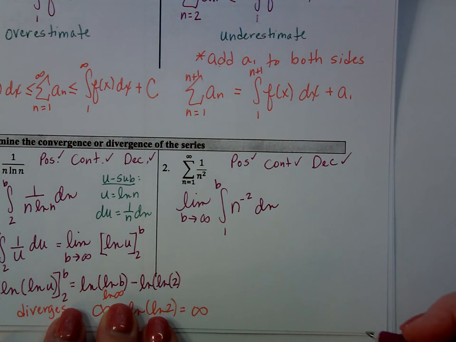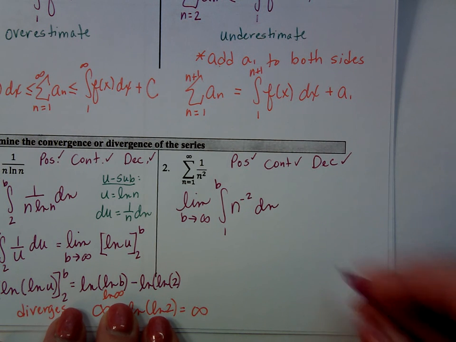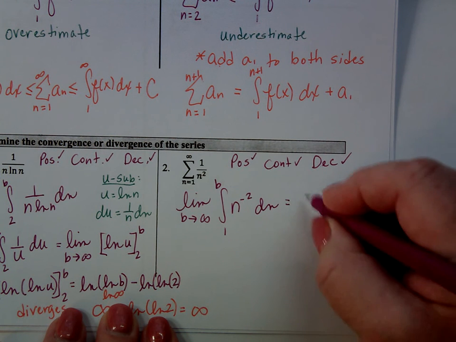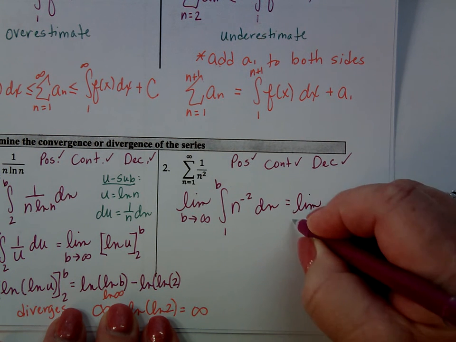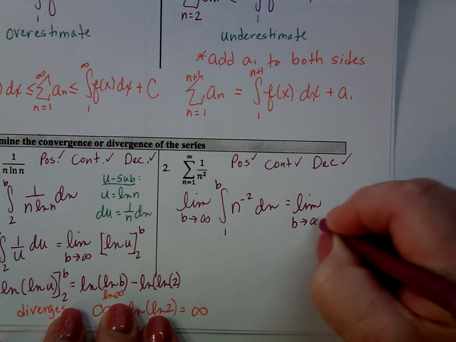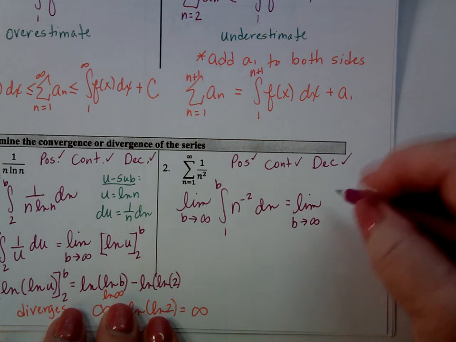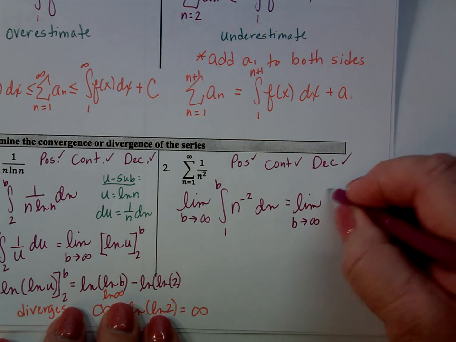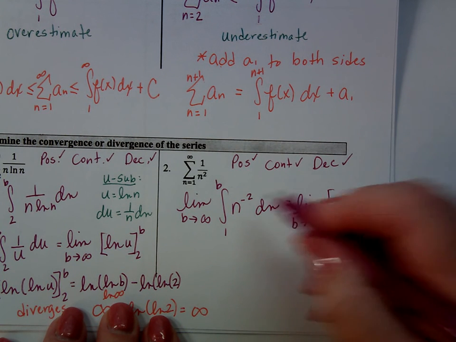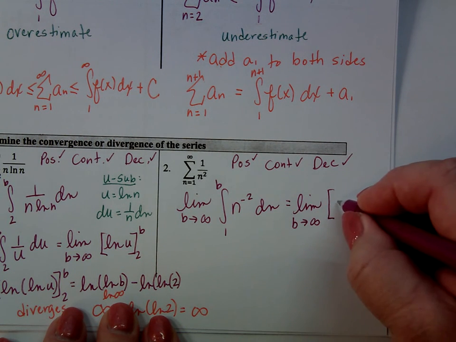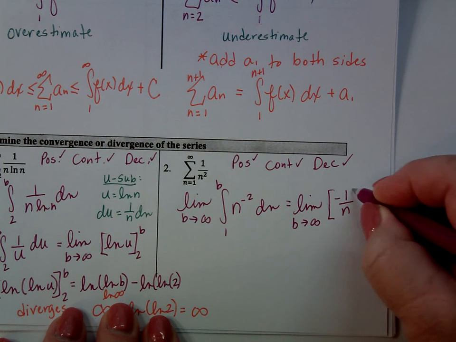And I can just integrate that. I don't need any by parts or u subs or any of those things to make this one work. So I'm just going to directly do that integral. The limit as b approaches infinity, and I am taking the integral of n to the negative 2, makes it be n to the negative 1 times a negative 1. So it's negative 1 over n, going from 1 to b.